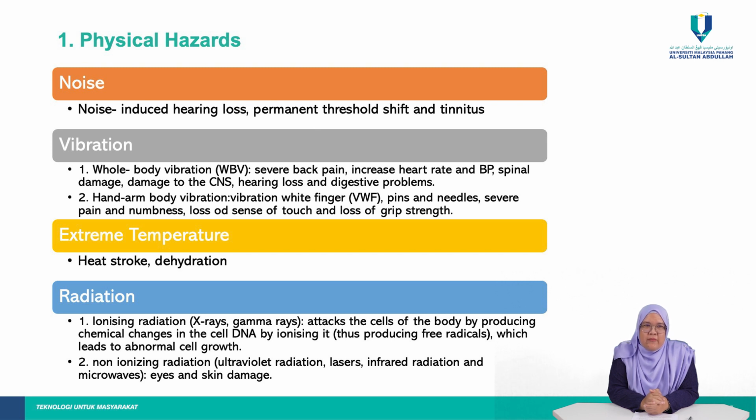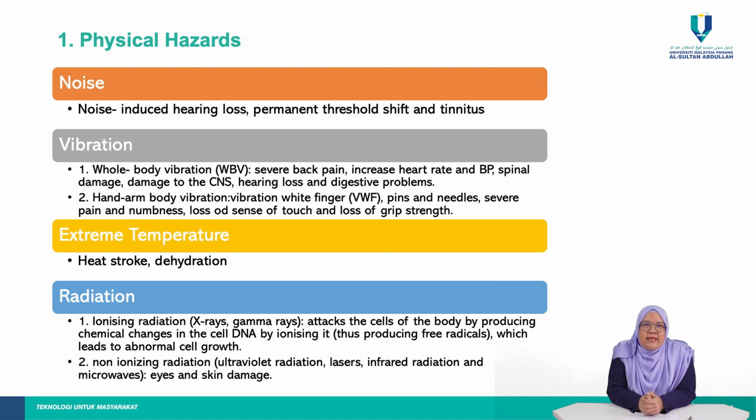So looking back at the whole body vibration, this type of vibration occurs when the entire body is exposed to vibrations, typically through vehicle operation or heavy machinery. Prolonged exposure to WBV can lead to lower back pain, circulatory problems and also discomfort. The second effect of vibration is known as hand-arm vibration or HAV.